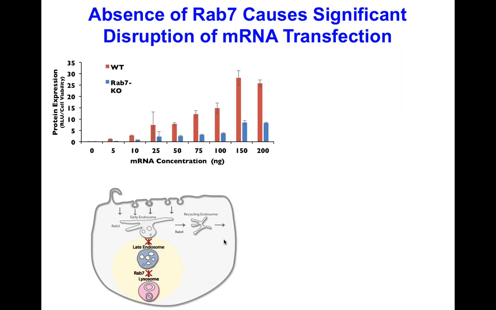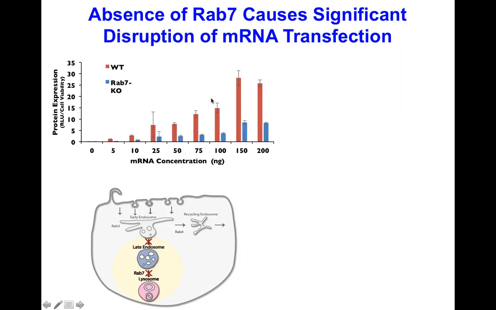What was very exciting and strange, and we are still trying to figure out what's going on in this area, was when we utilized cell lines that were deficient of RAB7, that is involved in the late endosome lysosome formation, as well as it is involved in maturation of autophagosomes.